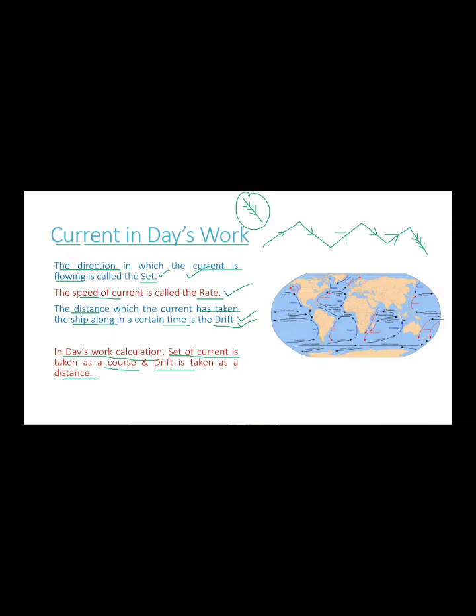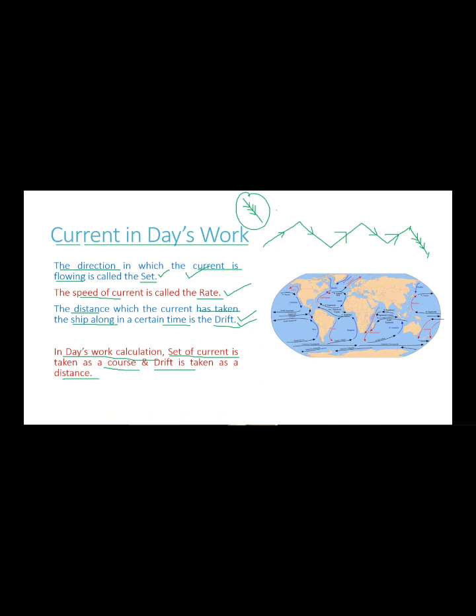Because all these courses and distances and the current are like vectors. In whichever order you add the vectors, the resultant is going to be the same. So usually it is applied at the end. The set of the current is taken as a course and the drift of the current for the full time interval.